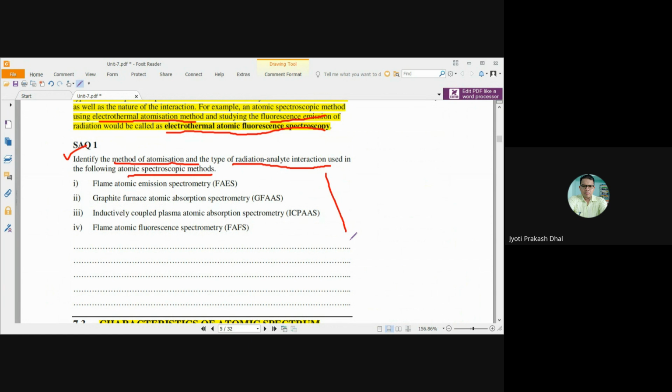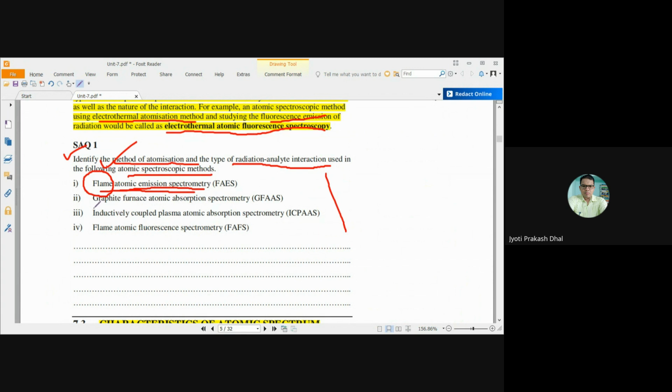The first one is flame atomic emission spectroscopy. That means the atomization technique will be flame, and the spectroscopic method will be atomic emission spectroscopy, AES. The analyte will undergo atomization by flame and the spectroscopic method will be AES. So overall that is called flame atomic emission spectroscopy, FAES.